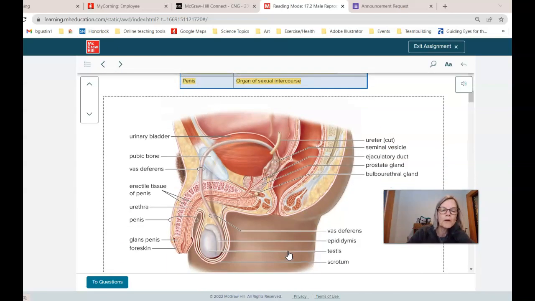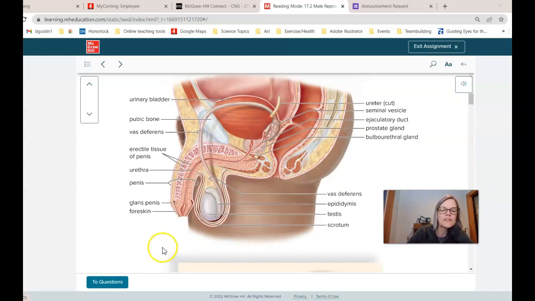So probably most of you know with the male reproductive system that the place where the male hormones, most of the testosterone, is produced, is in the testes, and the testes are in the sac that hangs below the outside of the body, called the scrotum.